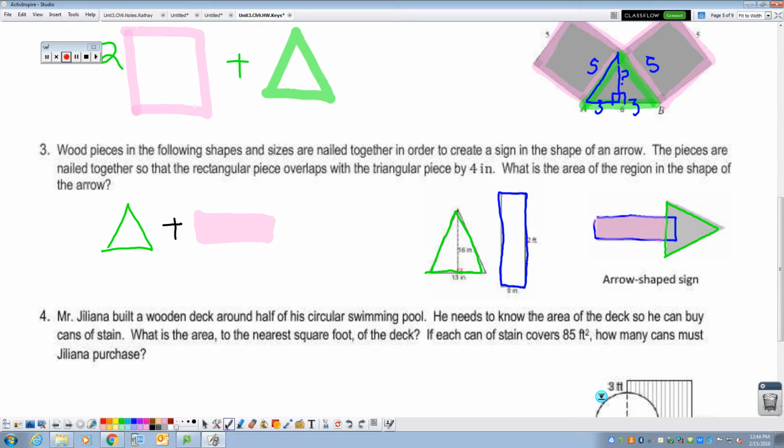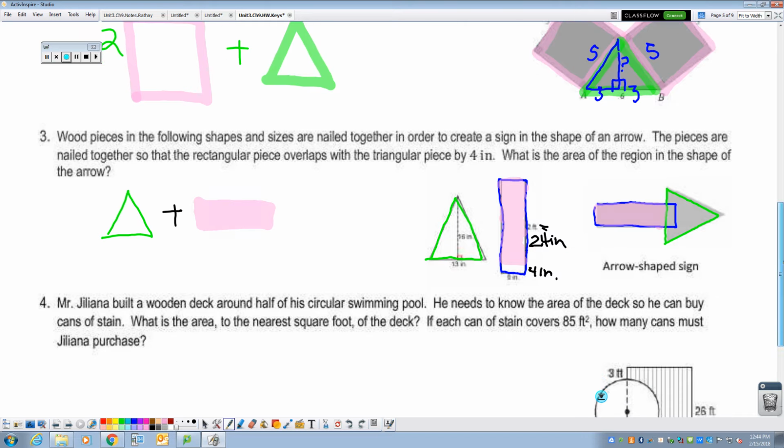It's 4 inches shorter than my blue rectangle. So if I were to draw them next to each other, it kind of looks like this. So the pink one is 4 inches shorter than this. And something to be careful of in this question is that we have units mixed together. We have inches, inches, inches, and then feet. Well, 2 feet is 24 inches. So look out for that when you're solving this problem.